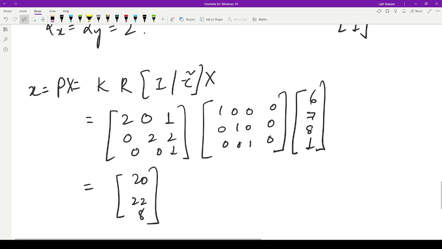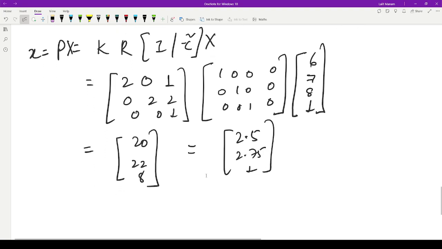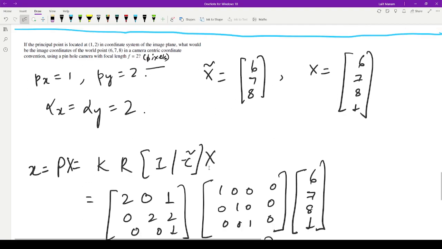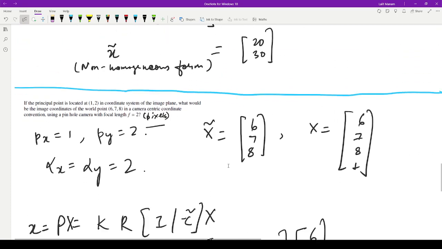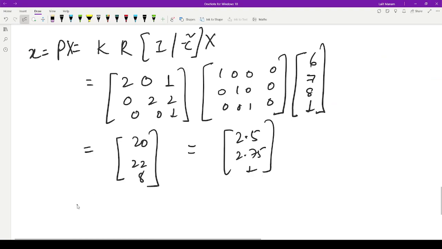Okay. So if you now make it into pixel coordinates, it will be 2.5, 2.75, and 1. So the point 6, 7, 8, which is in the 3D coordinate space, will be mapped to 2.5 and 2.75 on the image plane.